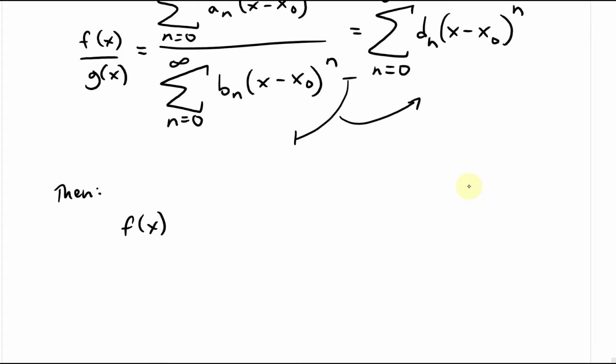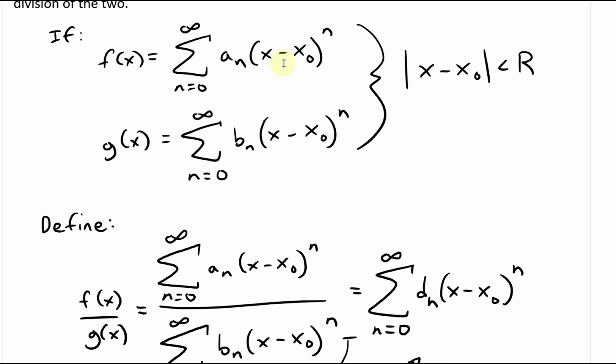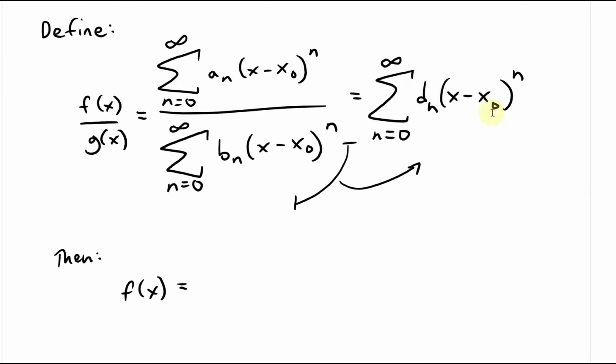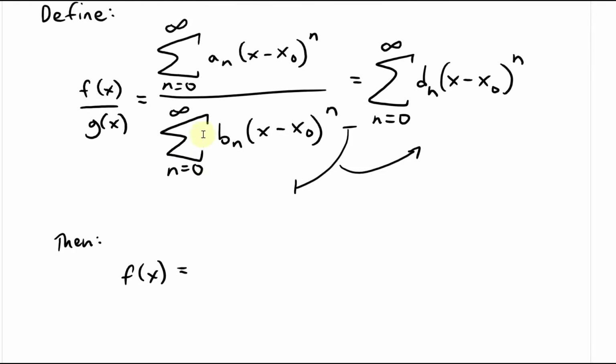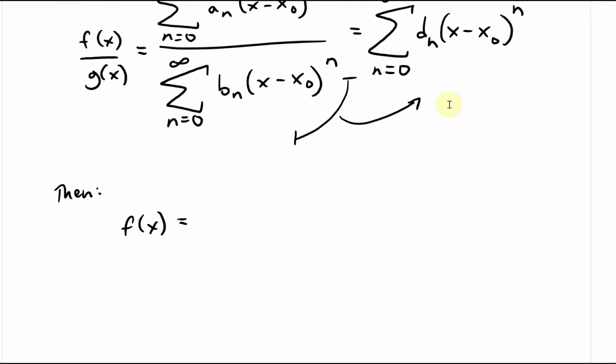So f of x, which we already know is equal to this, is going to equal this newly defined series times g of x. Let's put the g of x in front of this one, for completeness: g of x times whatever that one is.